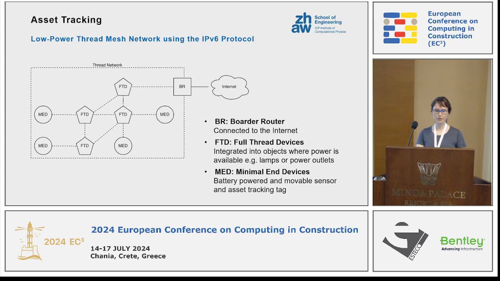So they are often incorporated into lamps or power outlets. And then there are the minimal end devices. They are battery powered and therefore movable. And they have, on one hand, sensors which measure environmental parameters, and on the other hand can be used as tracking tags.